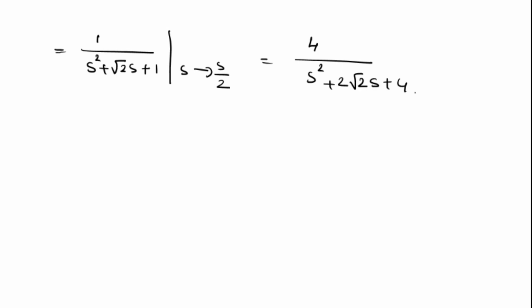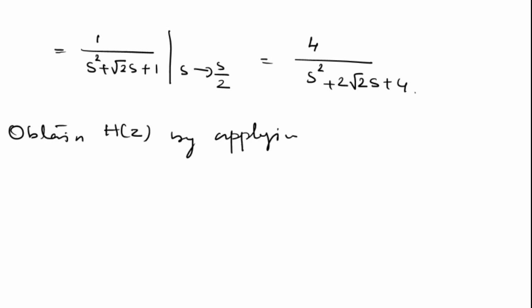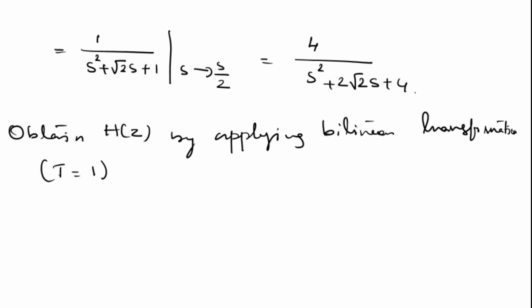So next step, obtain H(Z) by applying bilinear transformation, that is T is equal to 1.